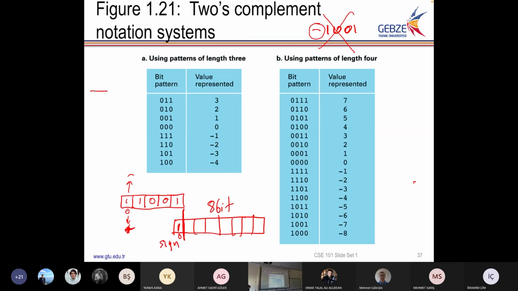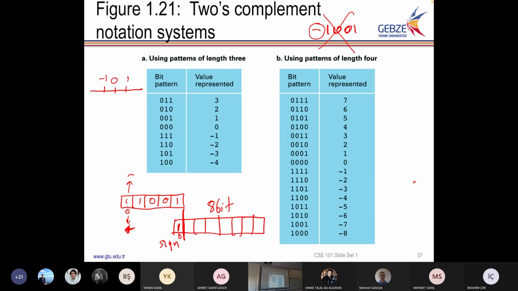In the number line, these numbers represent certain places. But in computer, that's different, because there are no fractional numbers.